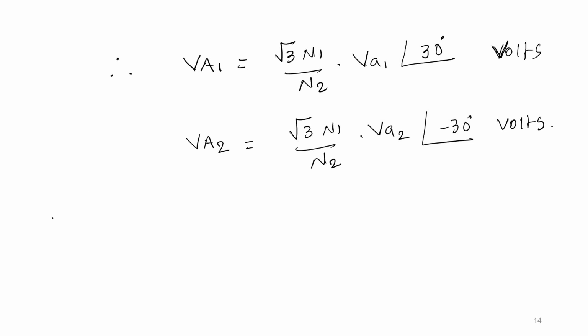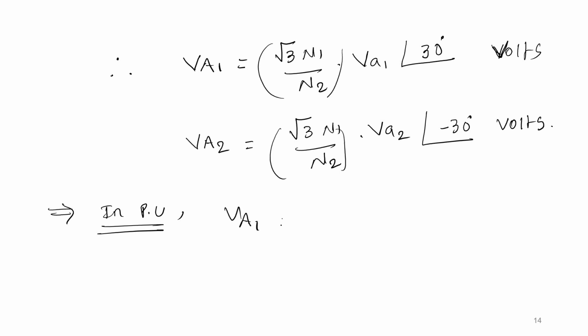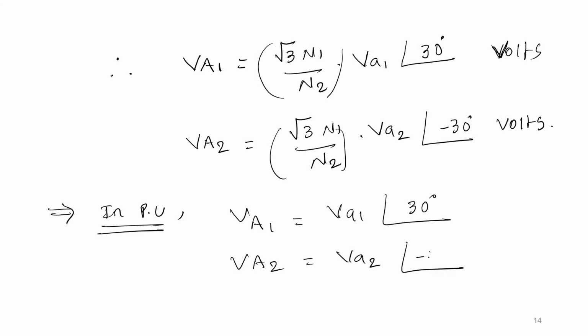Suppose if these voltages are given in per unit, in the per unit calculations, we will be assuming the base value for the entire system. So you can represent in that case VA1 is equal to VA1 at an angle 30 degrees and VA2 is equal to VA2 at an angle minus 30 degrees per unit. So this is about the phase shift of the star delta transformer bank.